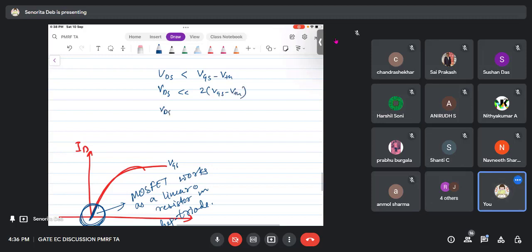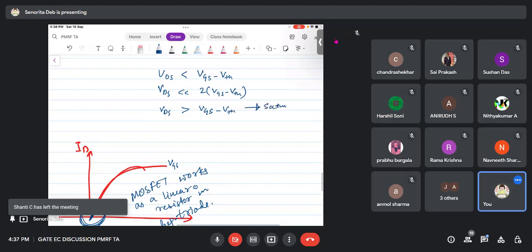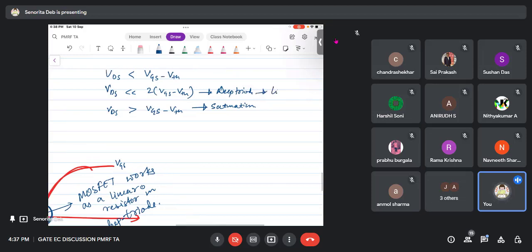Here it is saturation, here you can say it is deep triode, and it works as a linear resistor. Here it works as a current source, and this is a triode region.